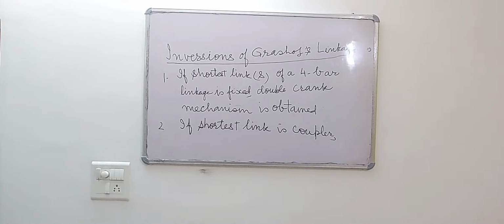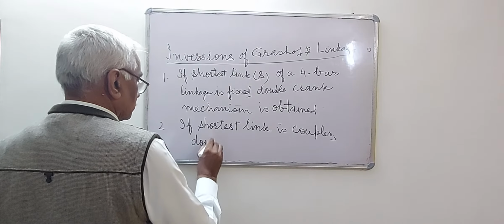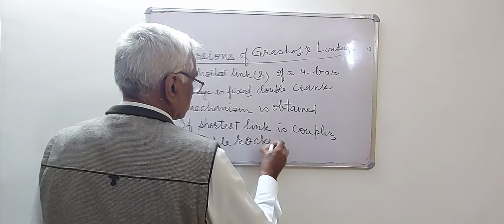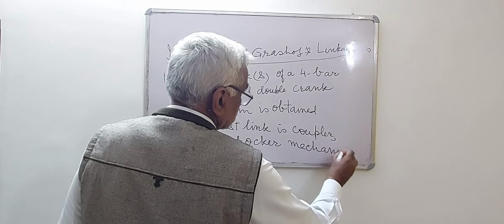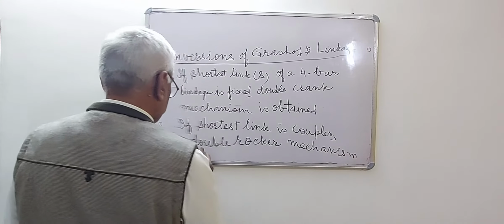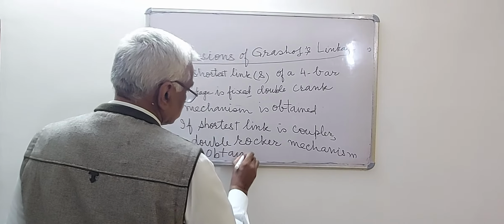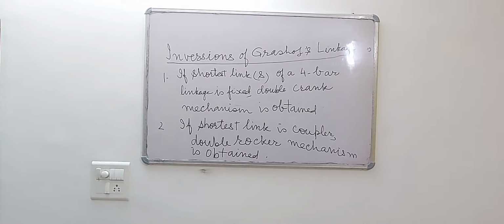If the shortest link is the coupler, a double rocker mechanism is obtained. This is condition number 2. If the shortest link is the coupler, a double rocker mechanism is obtained.